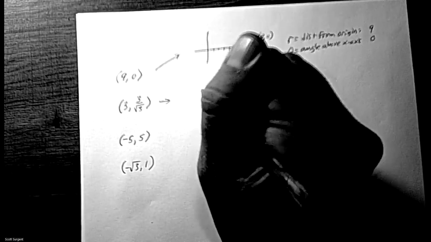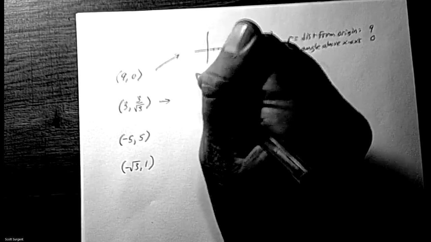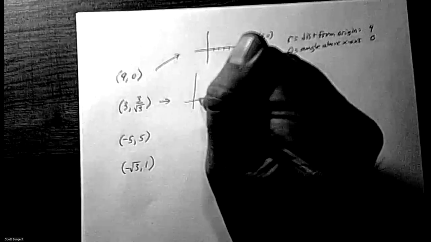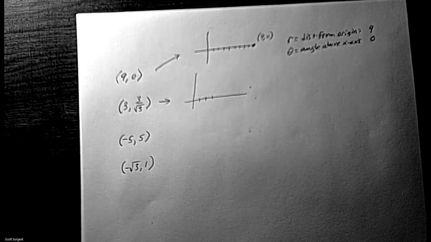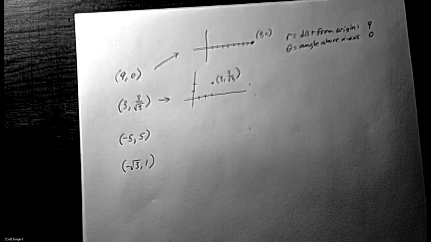3 and then 3 over rad 3. So I'll just kind of eyeball it. Now 3 over rad 3, I don't need to be exact, but I want to get close. About 1.732. All right.